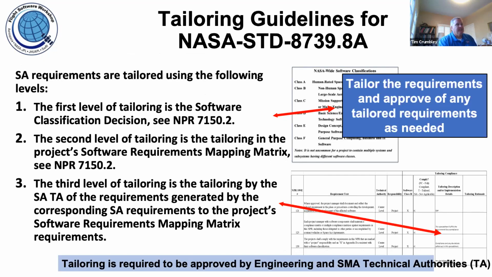So what happens? Okay, you get all the way through this process, you get to your safety critical code and you can't meet 100% code coverage, or your cyclomatic complexity is 16 or 17 as opposed to 15, or 20 as opposed to 15. We do allow some tailoring of these things if it makes sense.